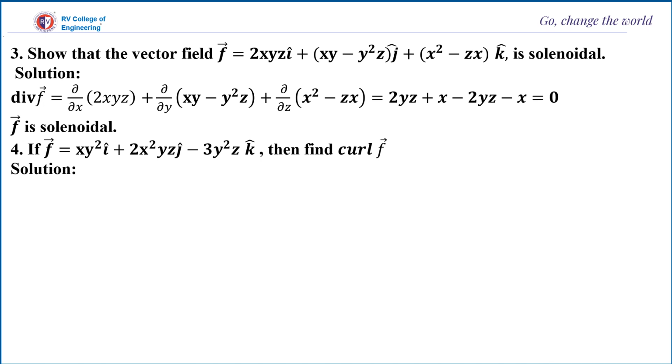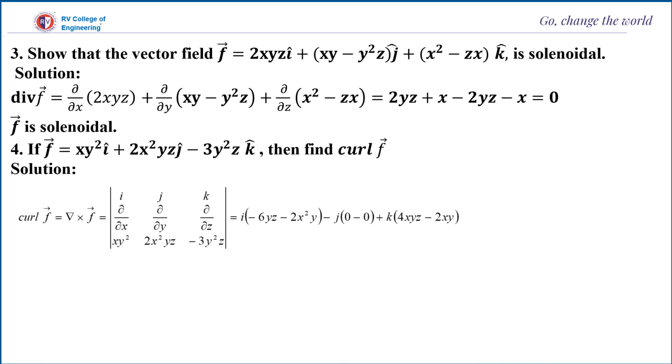We know that from the definition, curl f or del cross f is nothing but the determinant of i j k, dou by dou x, dou by dou y, dou by dou z, xy square, 2x square yz, minus 3y square z. On expanding this determinant and simplifying, we get curl f equal to minus 6yz minus 2x square i plus 4xyz minus 2xy k.